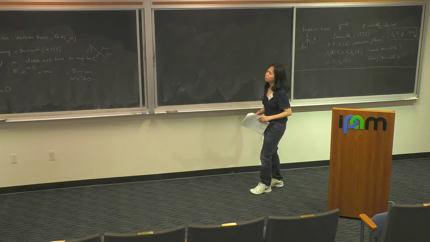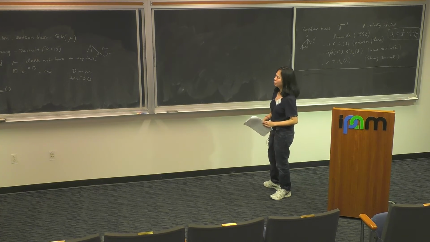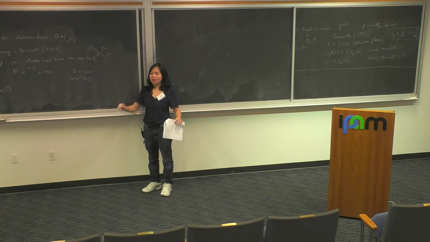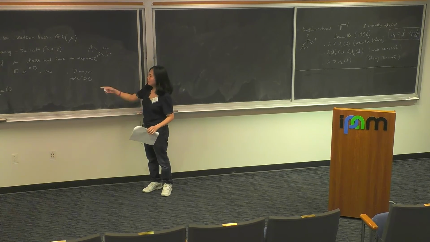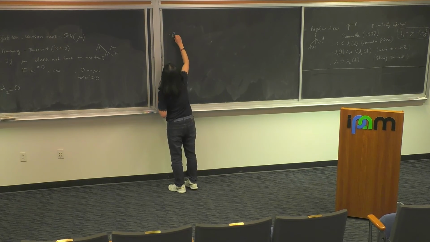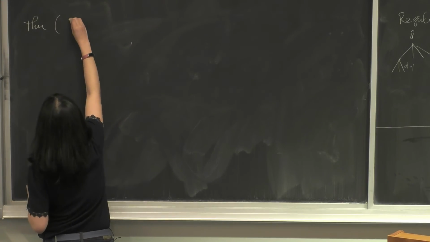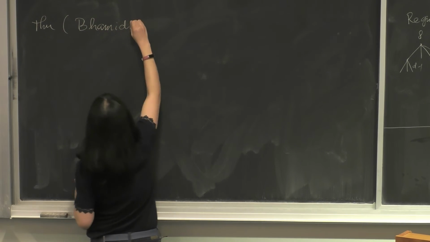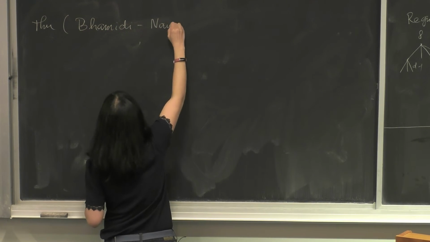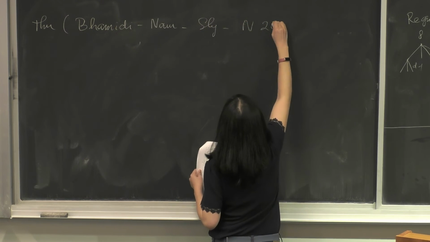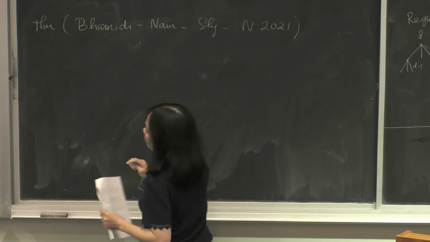And then Durrett conjectured that if mu has an exponential tail, for instance like Poisson, then lambda 2 is greater than 0. And with Alan Sly, Hamidi, Nam, Sly, and myself, in 2021, we showed that this is true.